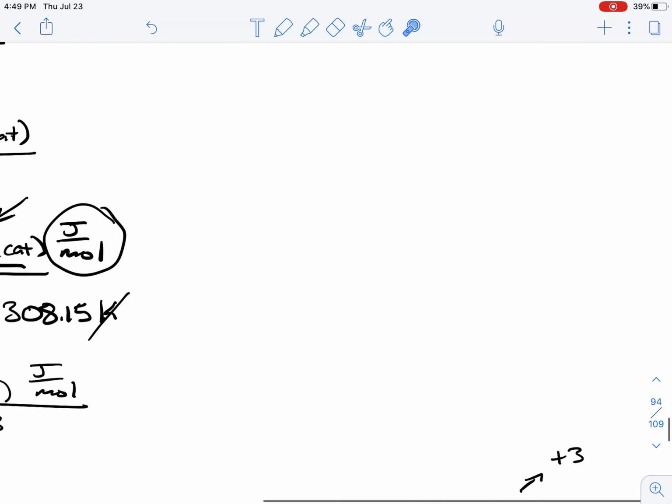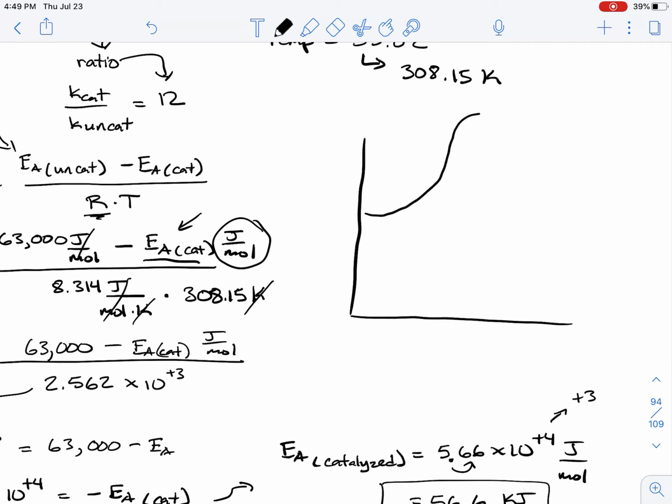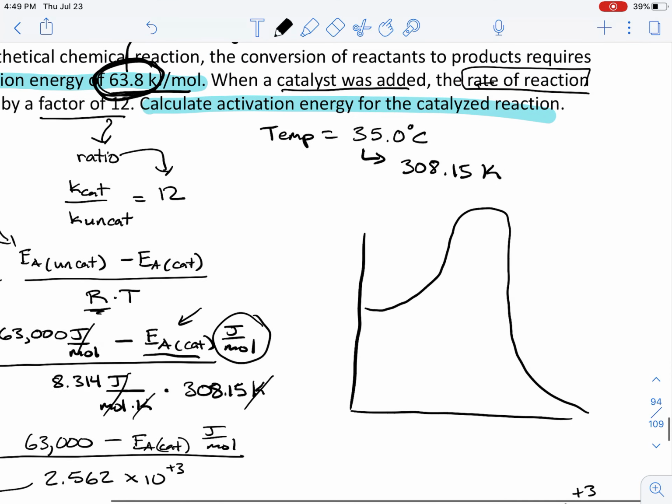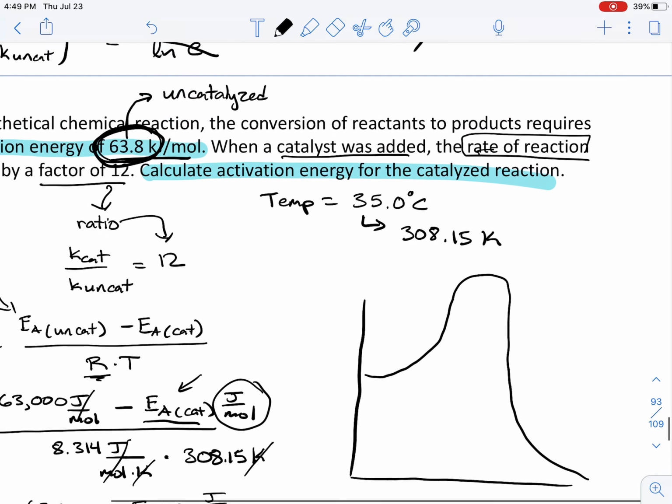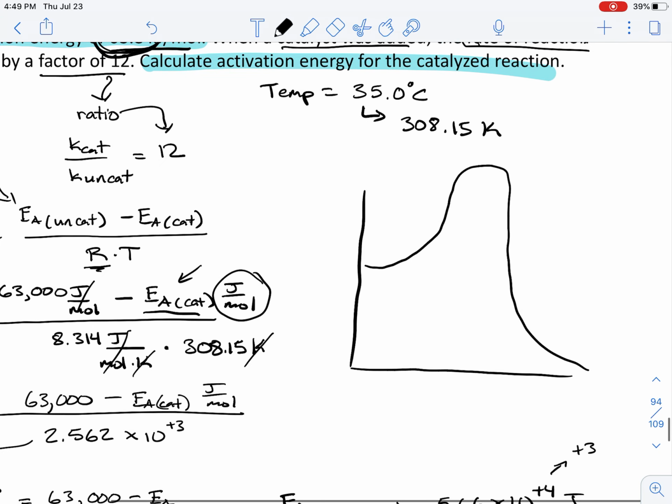Okay, and so if you wanted, you can sketch a quick diagram. And so this would be the activation energy for the uncatalyzed reaction. And I actually don't know why I made it exothermic. This problem did not tell me if it's exothermic or endothermic. And so I'm just giving you an example.